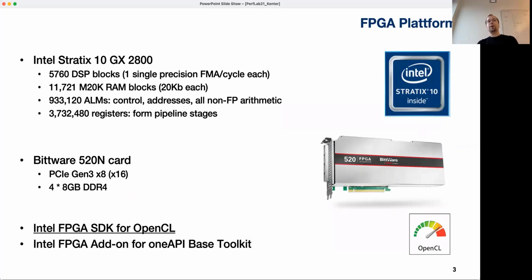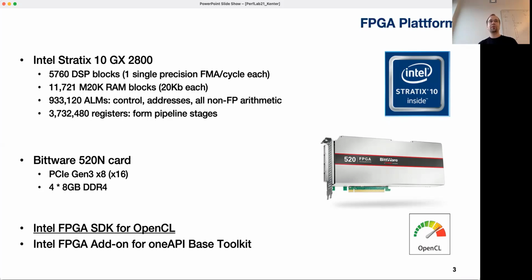So why is it worthwhile to look at these FPGAs as acceleration devices at all? I want to briefly summarize the resources that are inside such an FPGA. Most importantly in today's FPGAs are the DSP blocks, of which we have more than 5,000 available in the large Stratix 10 devices.